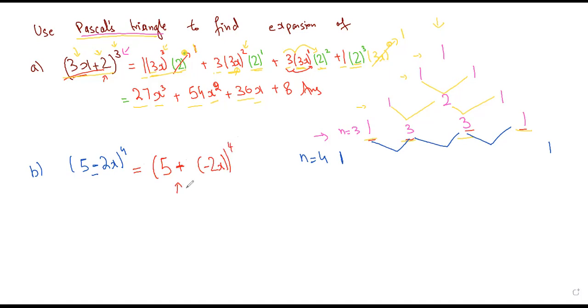Now you have plus sign here, and only now you can think about the ways we have been solving these expansions using Pascal's triangle. Otherwise, you cannot, because we have not discussed anything with a negative sign. And this is how we do it. We take this minus with 2x, think about this as b, and think about this as a, and then we can expand it the way we do it. So try it now and you would be able to do it.